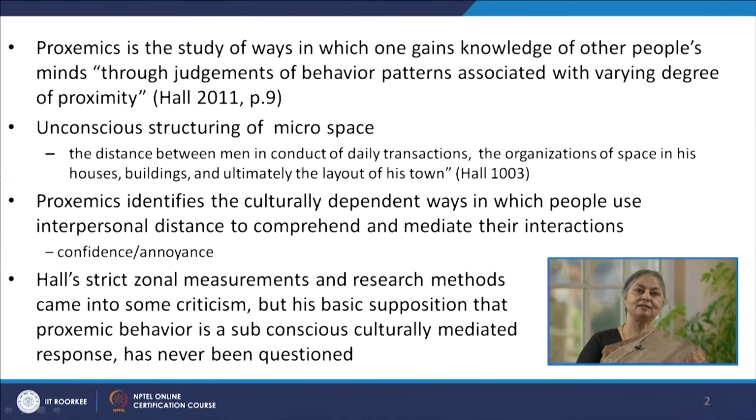Hall's distribution of four zones sometimes has been commented on, if not actually criticized. His basic supposition that proxemic behavior is also dependent on the cultural aspects has never been questioned so far. And it is this aspect of cultural associations which we will discuss in detail.